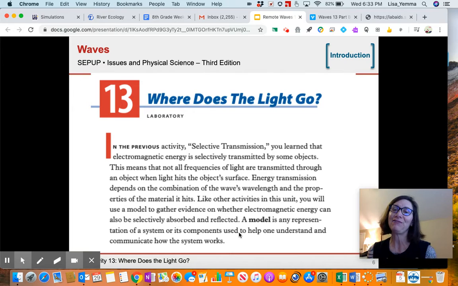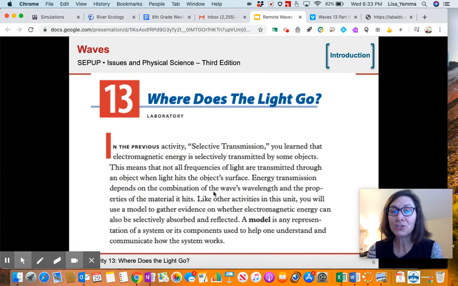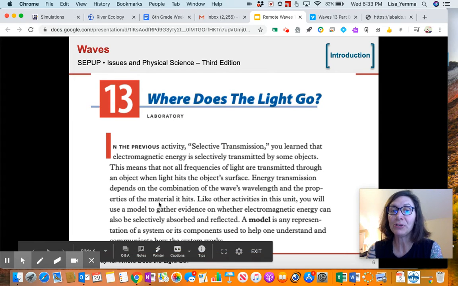I would do that if I was just reading something and my brain went, oh, wait, this is important. Another strategy is to reread that: energy transmission depends on the combination of the wave's wavelength and the properties of the materials it hits. Combination of two things. Interesting.